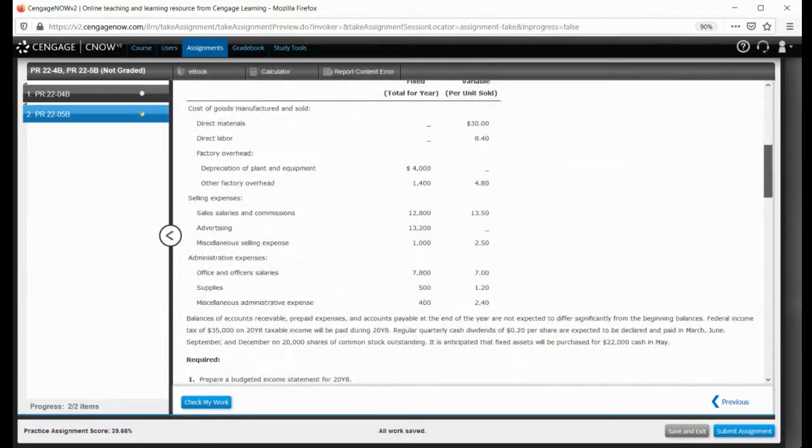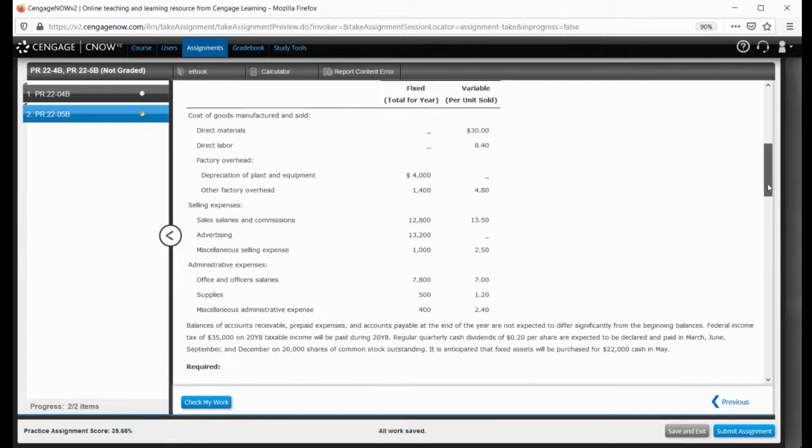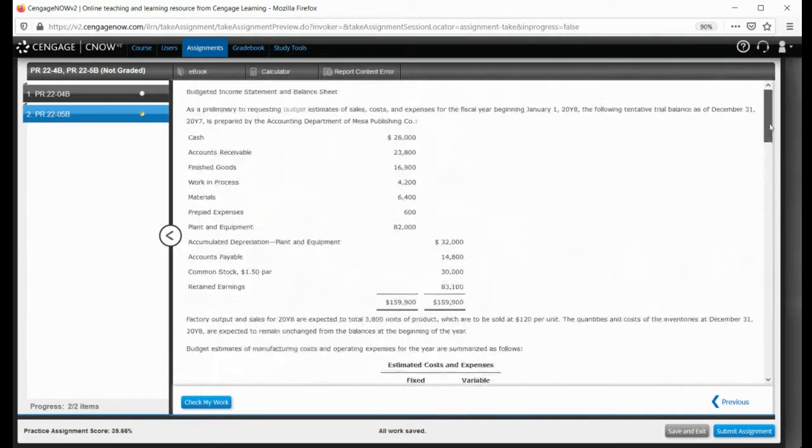I'm looking through my additional information. On the very last line here, it's important for you to know that it is anticipated that fixed assets will be purchased for $22,000 cash in the month of May. So what they're doing is they're going to have to add $22,000 to the original amount of the plant and equipment cost.